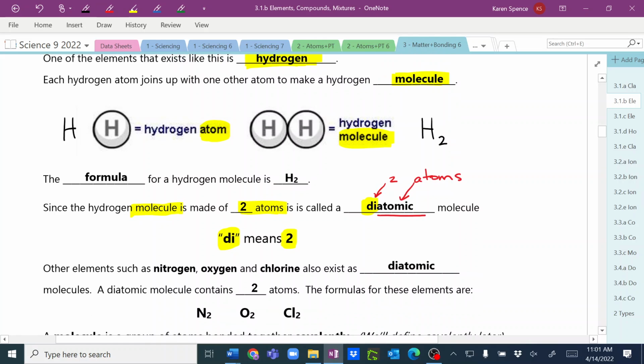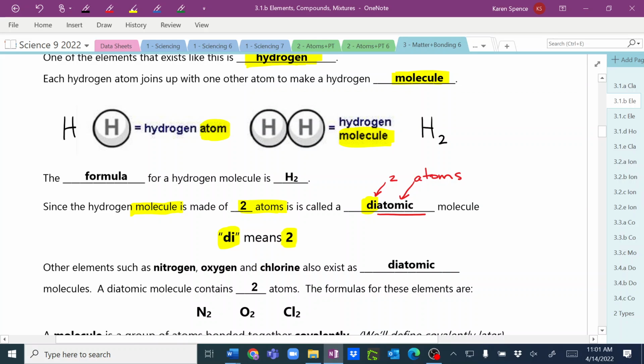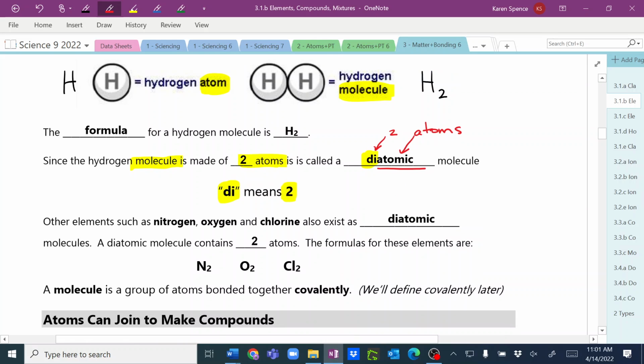Now, you can, but not here. In science, we mostly use di for two, okay? Other elements, such as nitrogen, oxygen, and chlorine, are also diatomic, okay? So you can see we have N2, we have O2, we have Cl2. So when they're just hanging out in nature, they are N2, O2, and Cl2.